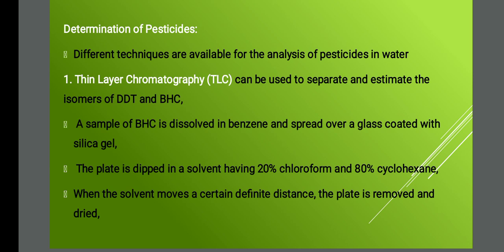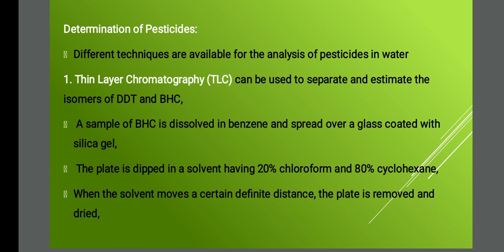Now we can see how to do thin layer chromatography. This method is used to separate and estimate the isomers of DDT and benzene hexachloride.